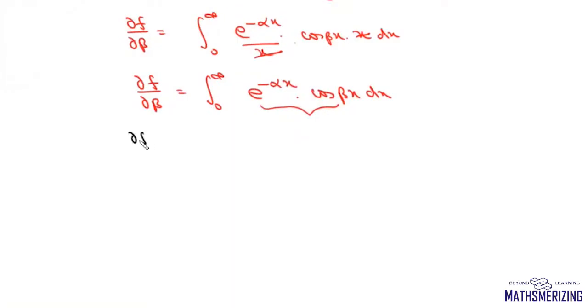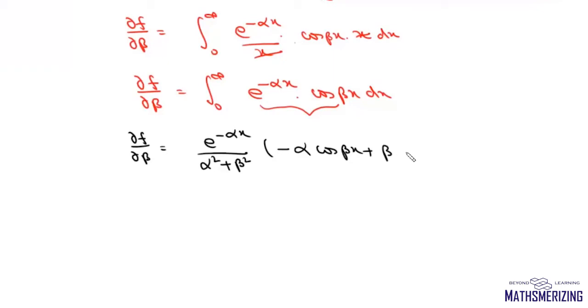So we'll write del f upon del beta will be equal to e to the power minus alpha x upon alpha square plus beta square, and then minus alpha cos beta x plus beta sine beta x, from 0 to infinity.